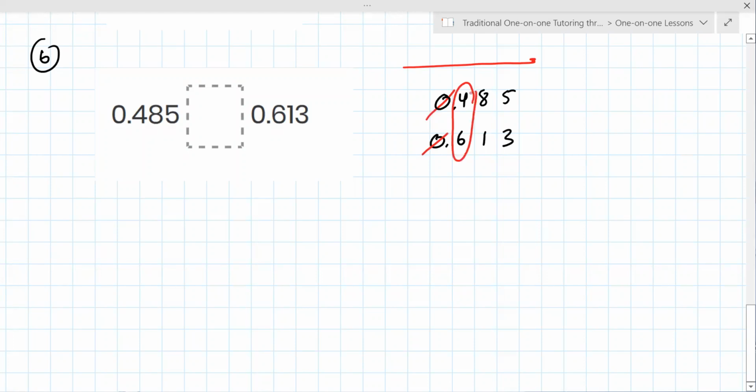These digits are not the same. So which is bigger, 4 or 6? 6. Okay, so the 4 is less than the 6, or the 6 is greater than the 4.